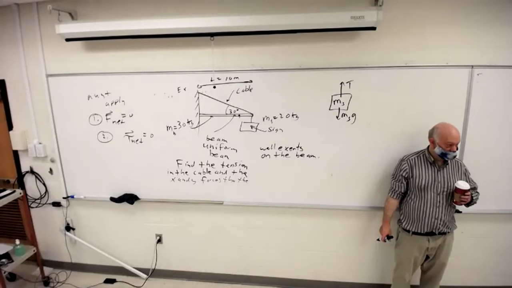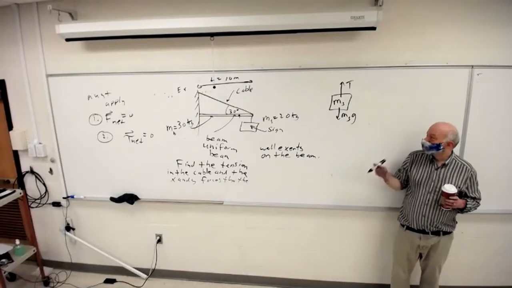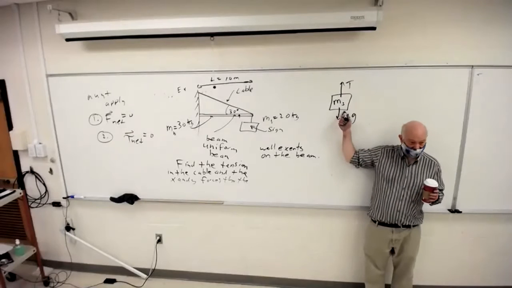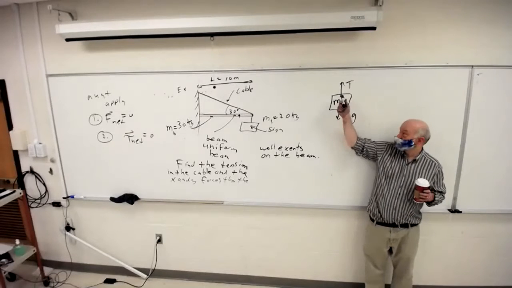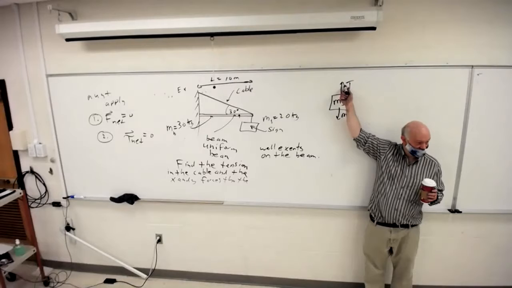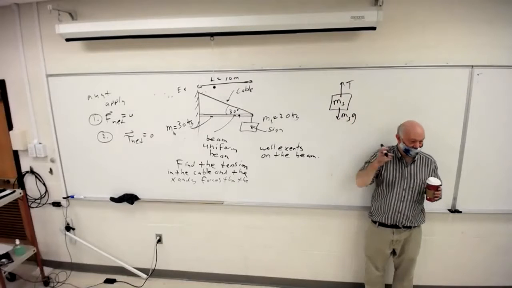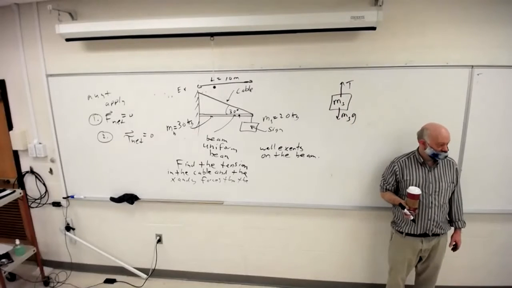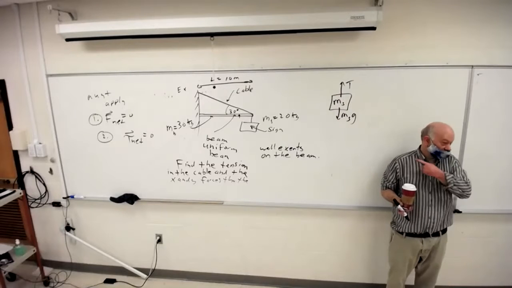That's it. Your coordinate system is going to be normal x and y. When you do all this, what is the sign not doing? It's not moving, so what do you know about this tension? It has to equal the weight. Okay? Does that help us find the tension in the cable? No. But it's still true.